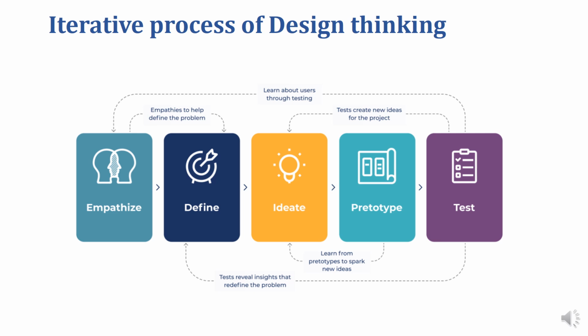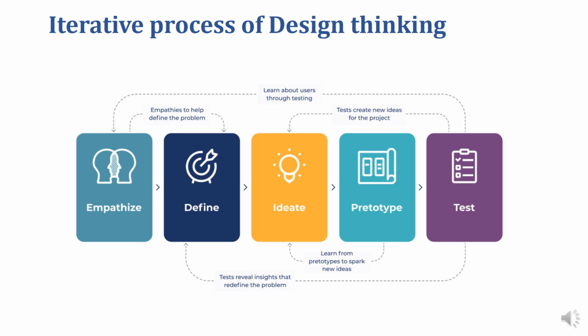This is the overall diagram. Now we can summarize that these are the five basic steps which develop the iterative process of design thinking. Why do we call it iterative? Because at most points we have a feedback mechanism. You have feedback from the prototype towards the ideation step.